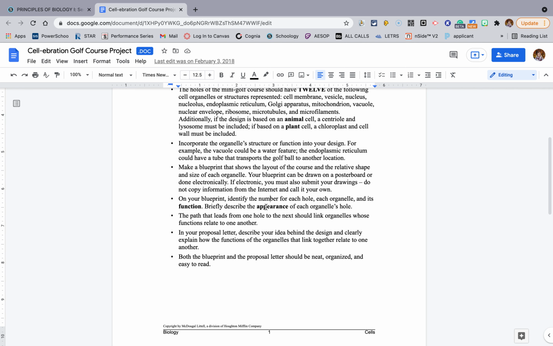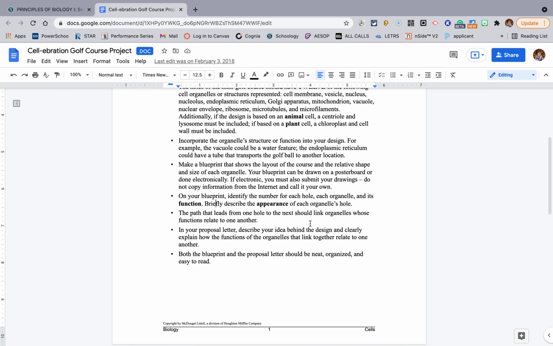On your blueprint, identify the number for each hole or ride, each organelle, and its function. Okay, you have to include its function somewhere on here. Briefly describe the appearance of each organelle's hole. So like the vacuole would have some sort of water feature, or maybe a body of water, and you had to hit the golf ball over the bridge or something like that.